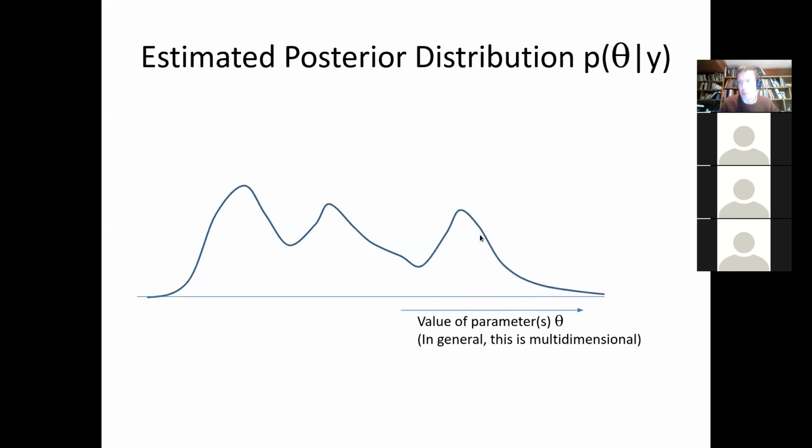And the more samples we draw, the greater and greater fidelity it will offer; the more and more closely it will match this in all its nooks and crannies. So that's the idea here. We want to draw values of theta in light of Y. We want to be able to draw from this distribution.